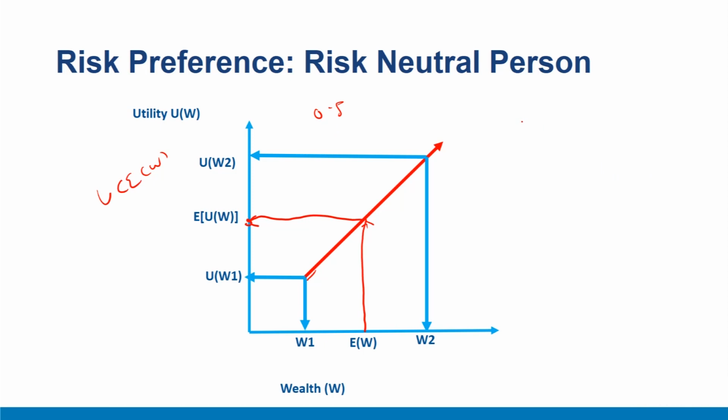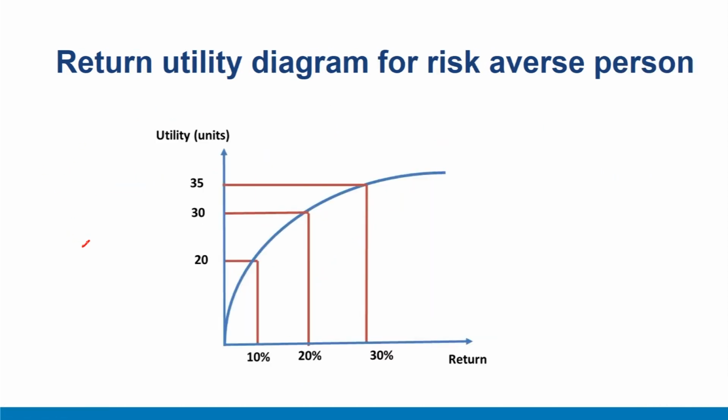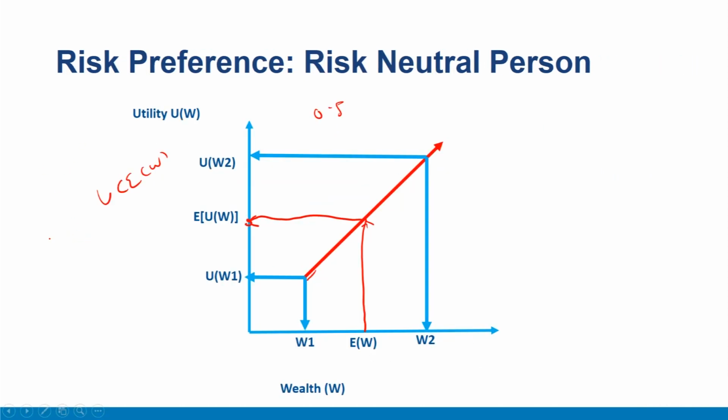Therefore this value, which is nothing but 0.5 times utility of W1 plus 0.5 times utility of W2, will be exactly midway here at the expected value of utility of wealth. And therefore we can easily say, because of the nature of this utility curve, that expected value of UW is equal to utility of expected wealth.